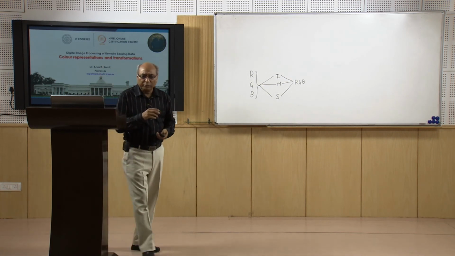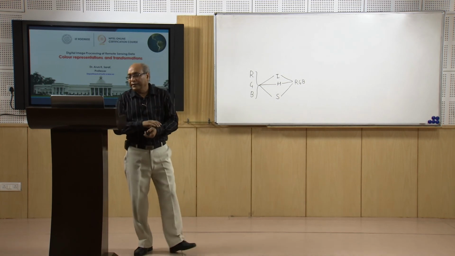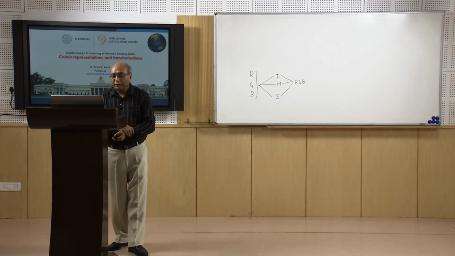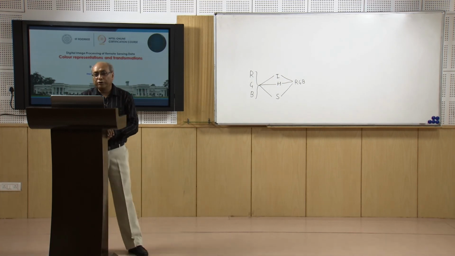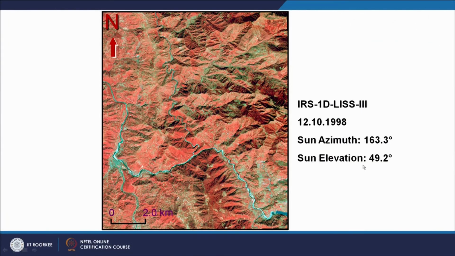Another example, an altogether different way of exploiting it: this is a LISS-3 image of the Bhagirathi river valley of the Himalaya. Bhagirathi is a tributary of the Ganges, and this is the LISS-3 image, and remember this azimuth and sun elevation angle of 1998.